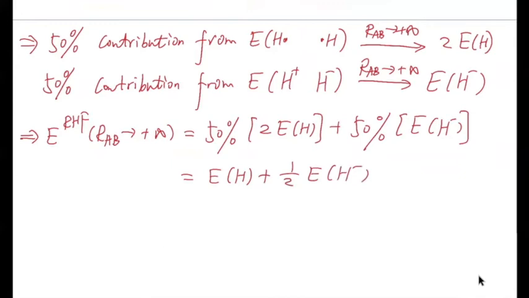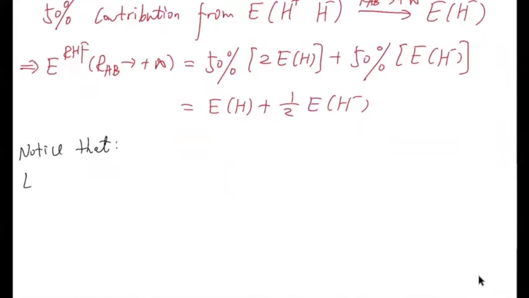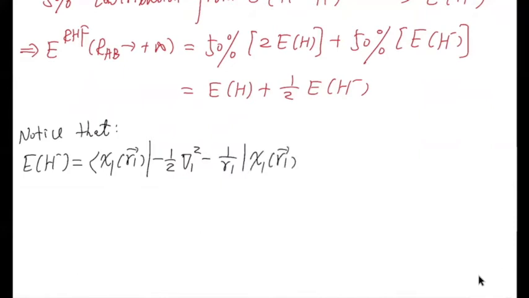And of course, the energy of hydrogen is not equal to the energy of hydride, right? Notice that, what is the energy of hydride? Based on variational principle, we have a product of the AOs, right? So you will have chi1 R1 for the first electron times, well, you really have chi1 times chi1, right? But for the second electron, you have normalization here.